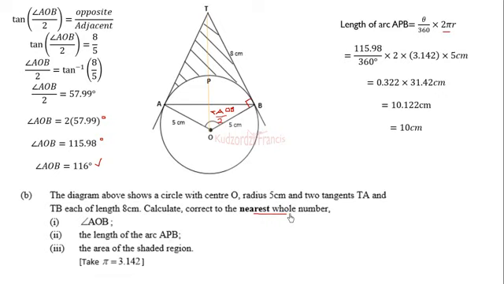Now the third part of the question asks for the area of the shaded region. So this shaded region over here, we need to find the area of that region. To do that, we need to find the area of the kite, then find the area of the sector, then subtract the area of the sector from the area of the kite.